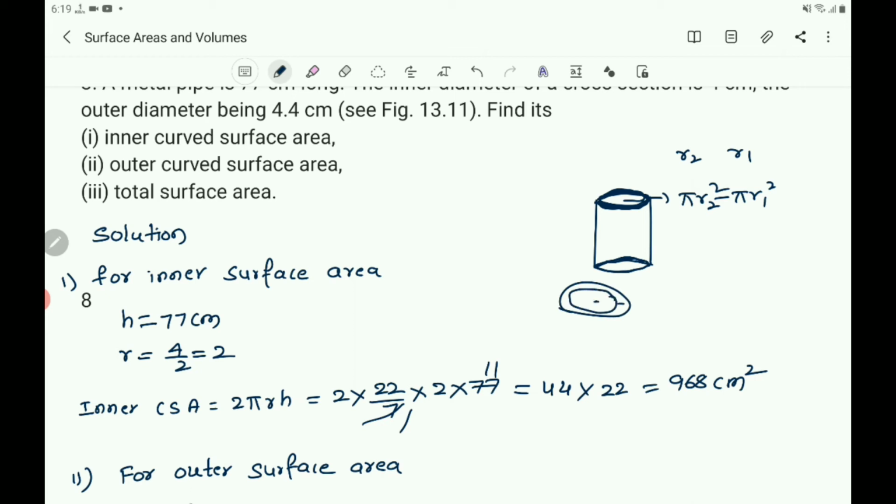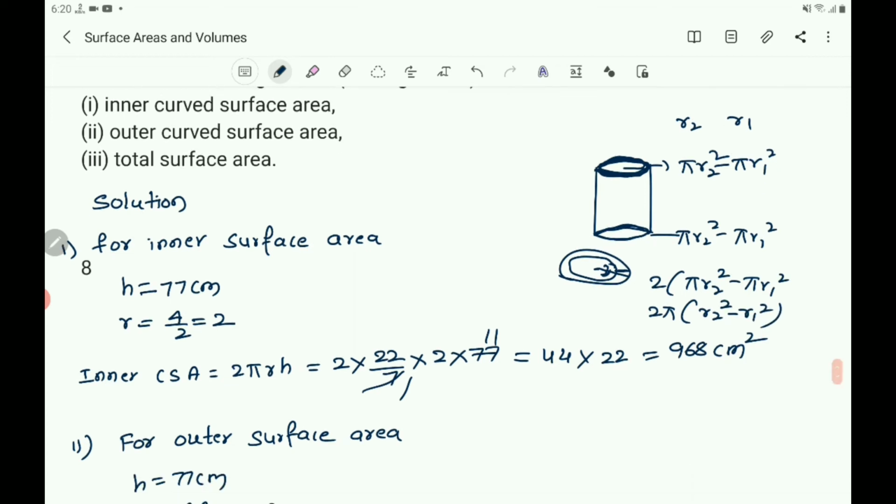To find this area, this whole area minus this area we have to find out. So that becomes πR2 square minus πR1 square. Here also it is the same, so that is 2 into πR2 square minus πR1 square. 2π can be removed outside, that becomes R2 square minus R1 square.